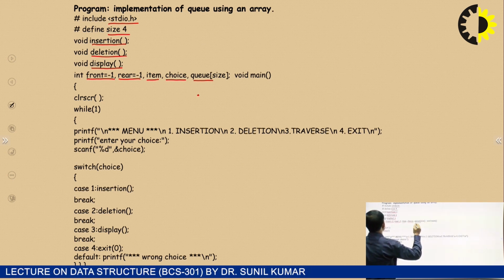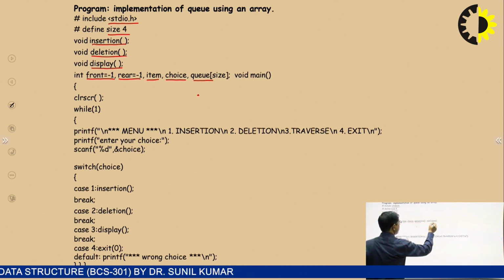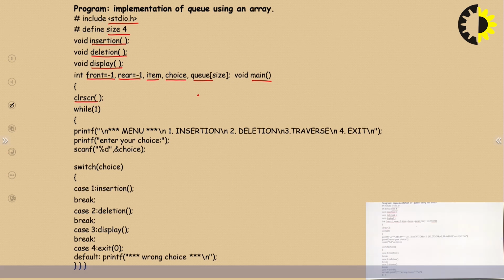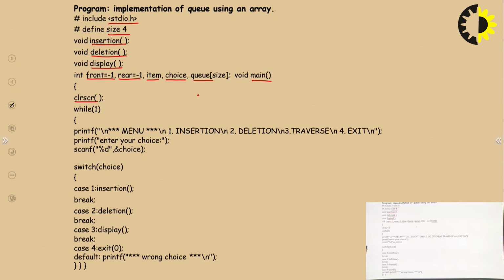Every program has a main function. After running the program a number of times, all the earlier output will be cleared, and for this we are using this statement, so that only the current output is shown. We are using while 1 because this is a menu based program.